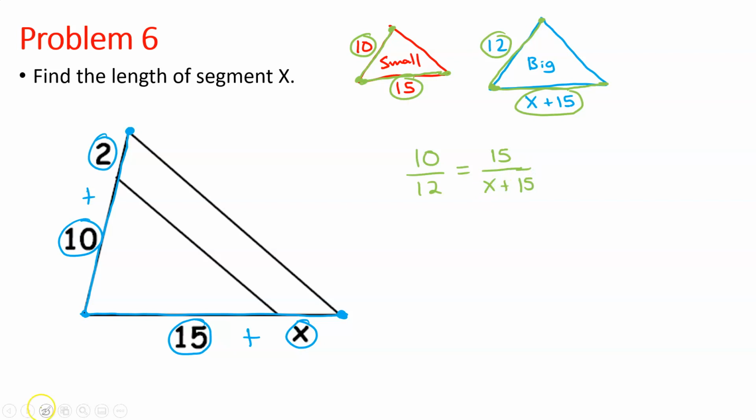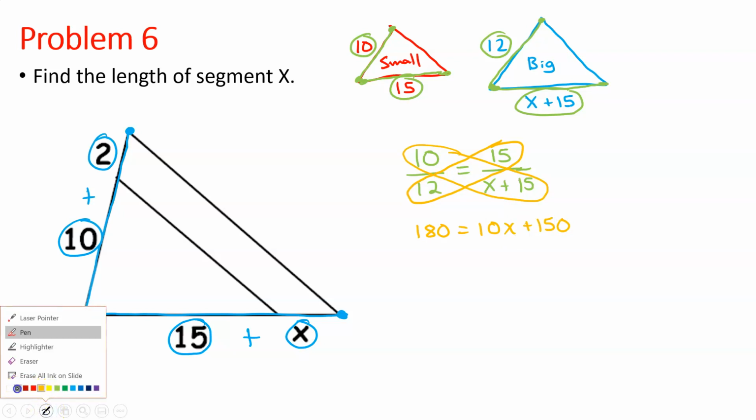Let's go through and cross multiply. Let me cross multiply in this direction first. What is 12 times 15? I don't know that off the top of my head. 12 times 15 gives me 180. And that is equal to, be careful when you cross multiply the other direction, you're going to multiply twice. 10 times x is 10x, and then 10 times 15 is 150.